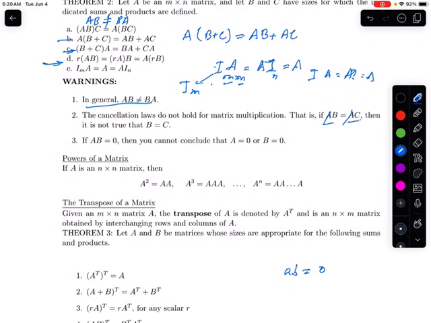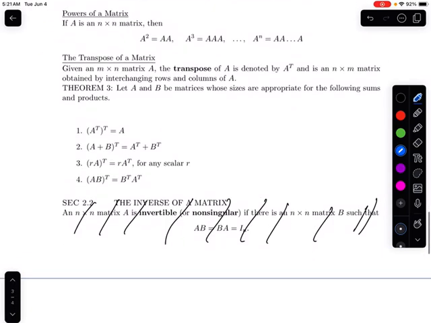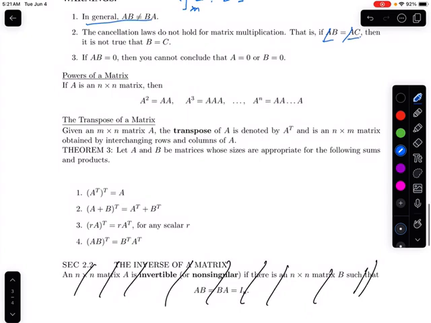So in matrices, if you multiply two matrices and the answer you are getting is a 0 matrix, that does not mean that one of them has to be 0. It means both of them could be non-zero. So in matrices, you cannot assume things.